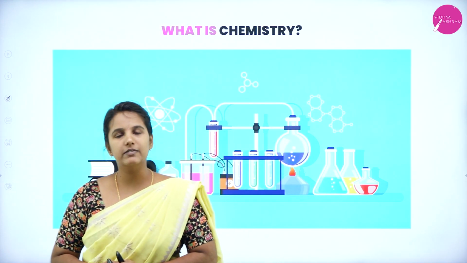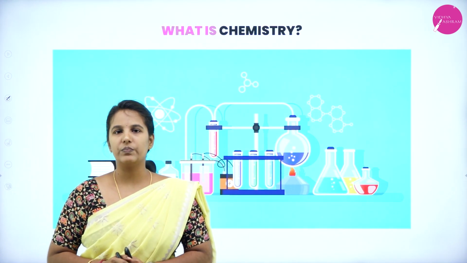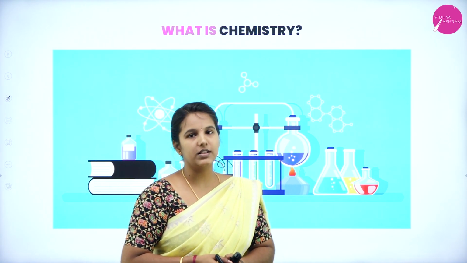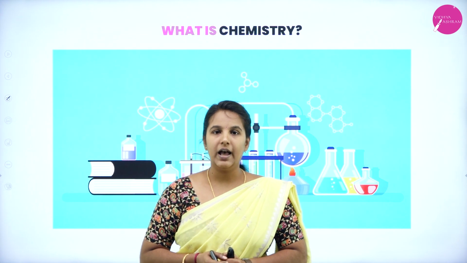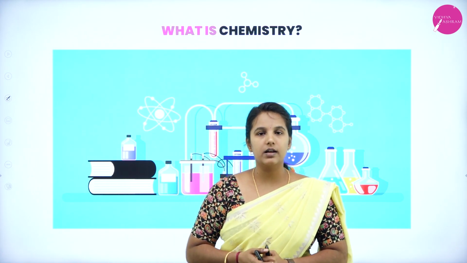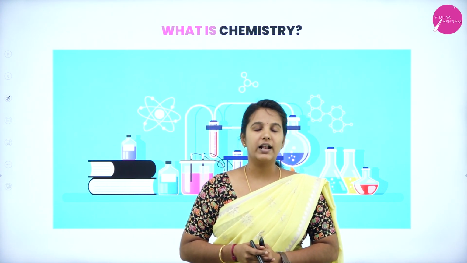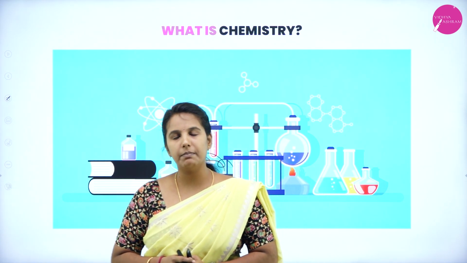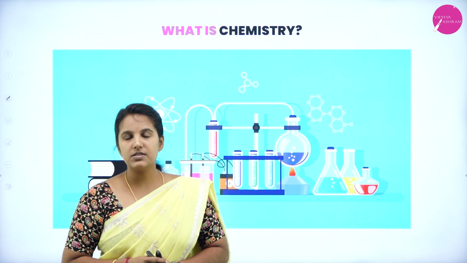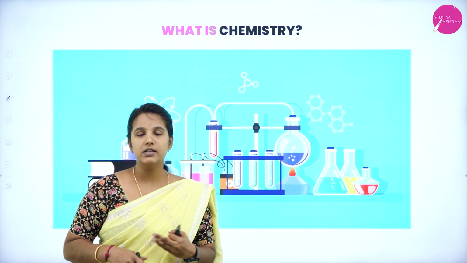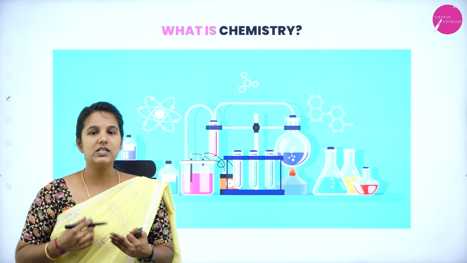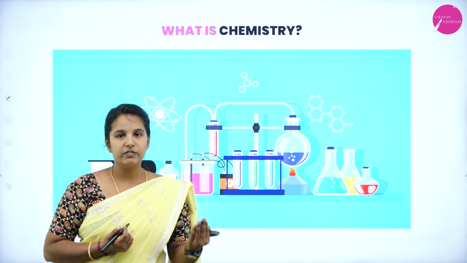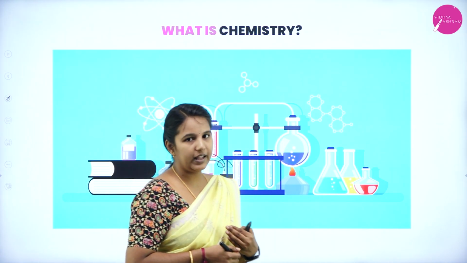So firstly, we will see what is chemistry. We all know that chemistry is a branch of science that deals with the study of matter, and matter is anything which can occupy space and has mass. Chemistry mainly deals with the study of matter and its properties. And matter can be exhibited in 3 ways: solid, liquid and gaseous state.